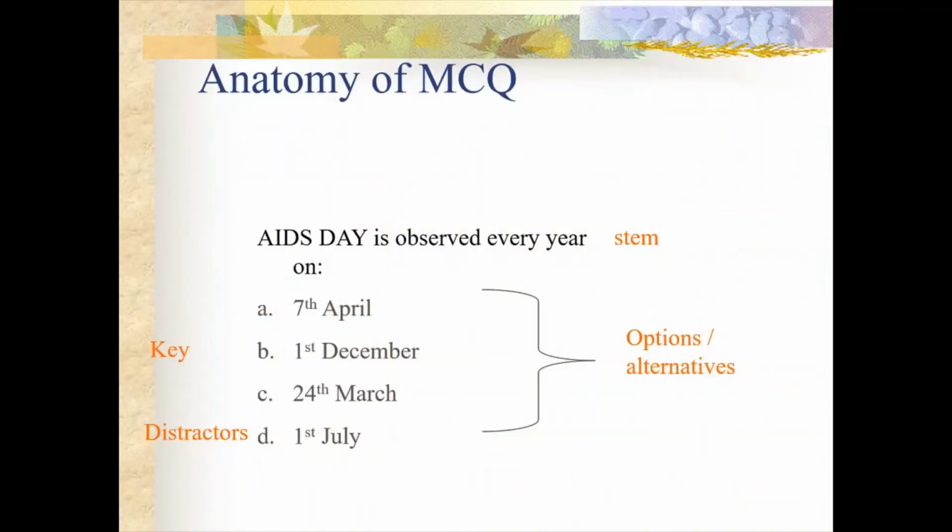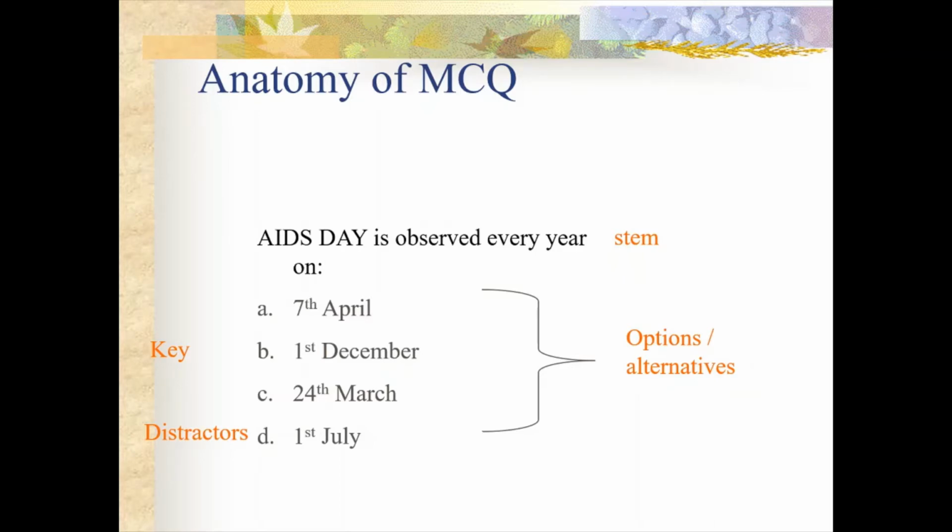Now let's have a look at the anatomy of multiple choice questions. Look at the first sentence: AIDS Day is observed every year. This is a question, and the choices A, B, C, and D. If you look at the question, it is called the stem.